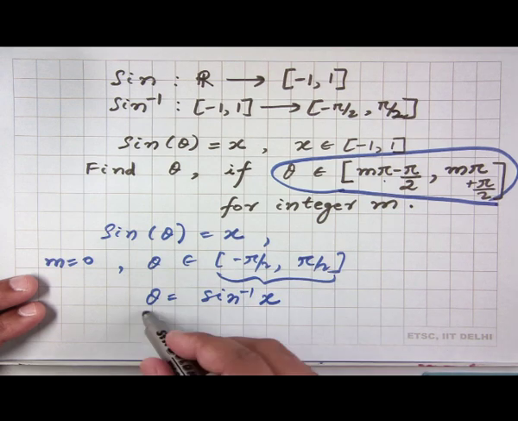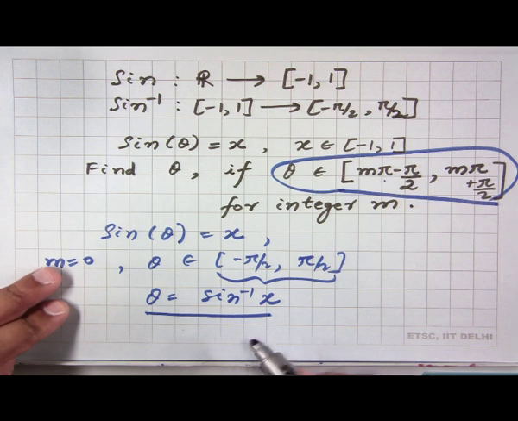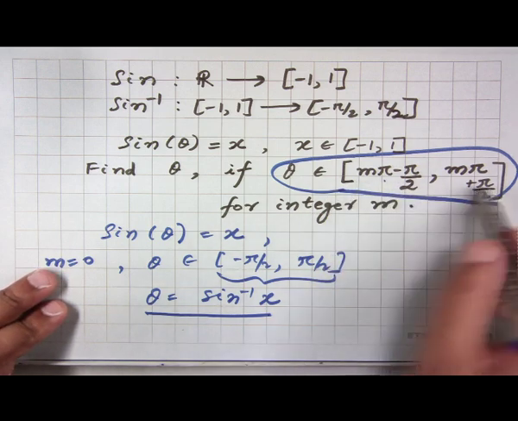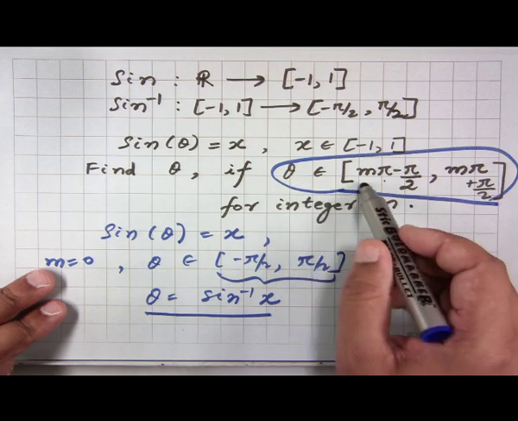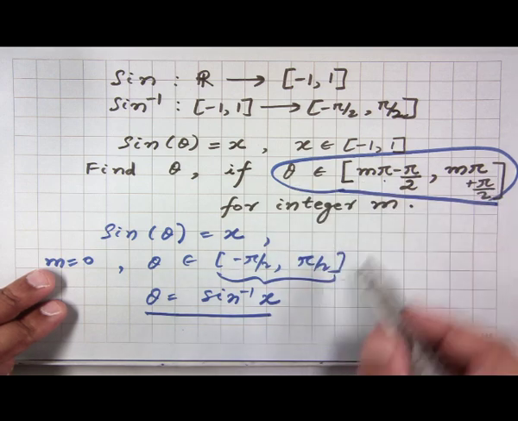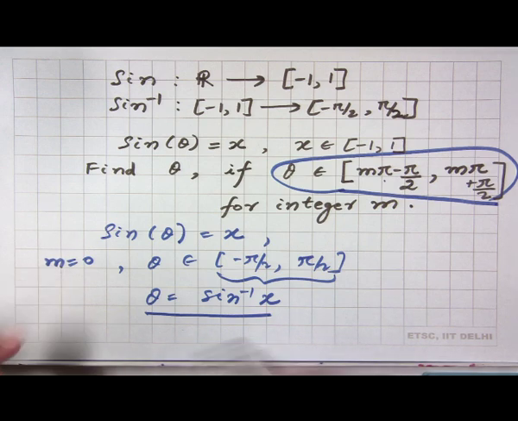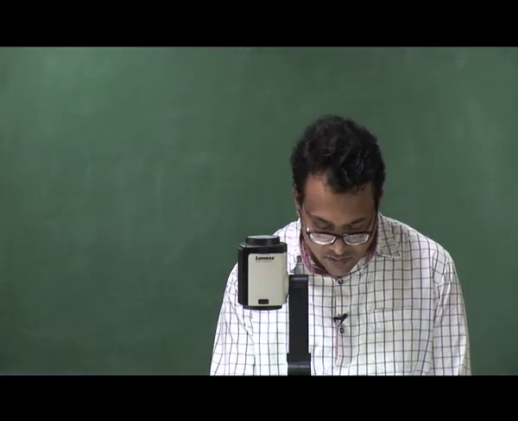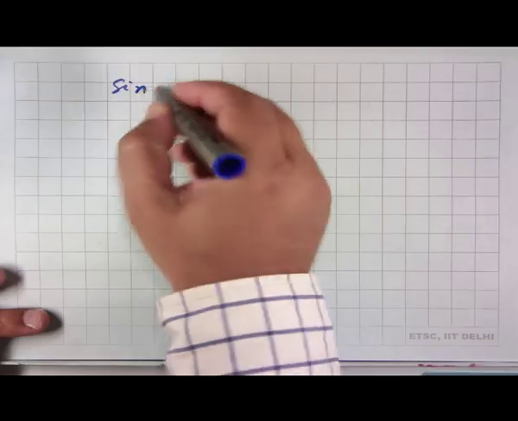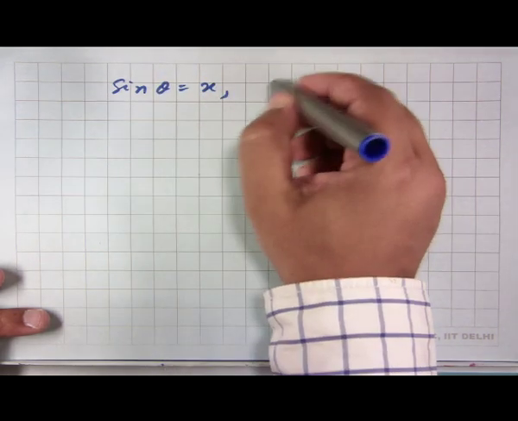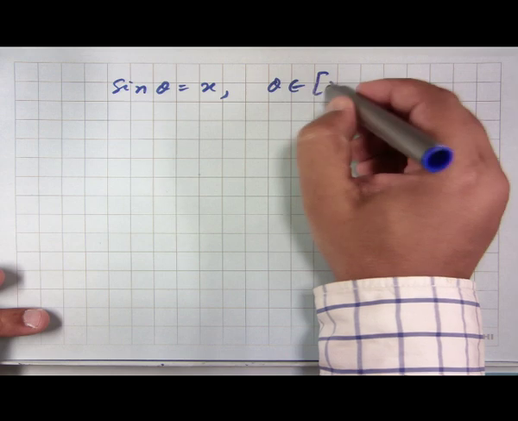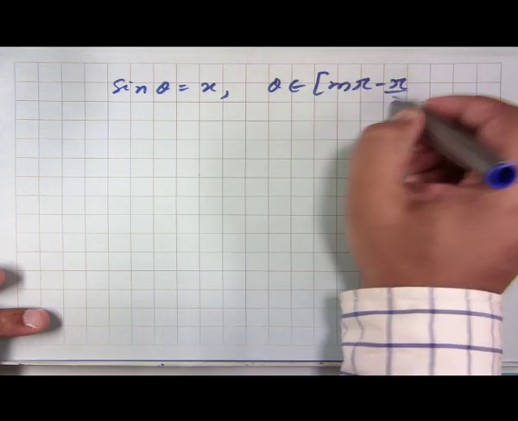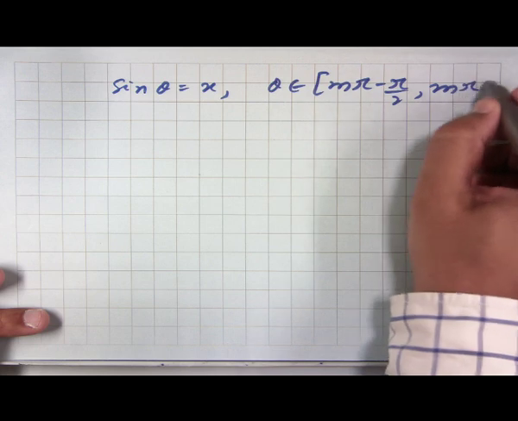So, this is the solution for m equal to 0, because for m equal to 0, the set where we are constraining theta to lie essentially becomes the range set of sine inverse. But what if m is not equal to 0? In the case where m is not equal to 0, we will have to do something more. So, we again start with sin theta equal to x, and we are told that theta belongs to the closed interval m pi minus π/2 to m pi plus π/2.